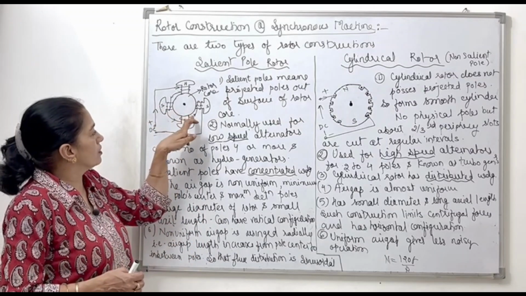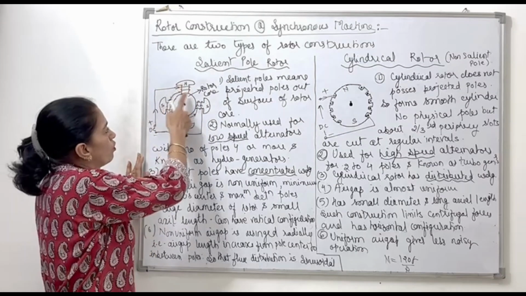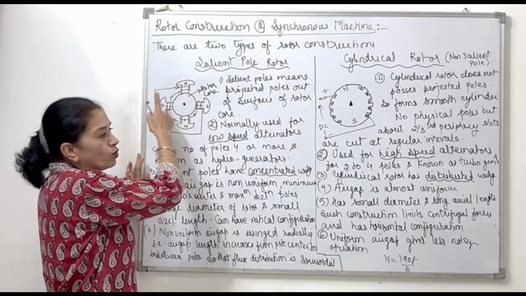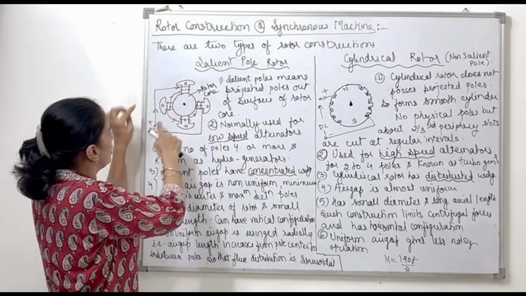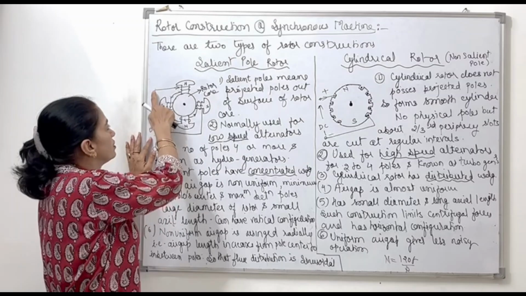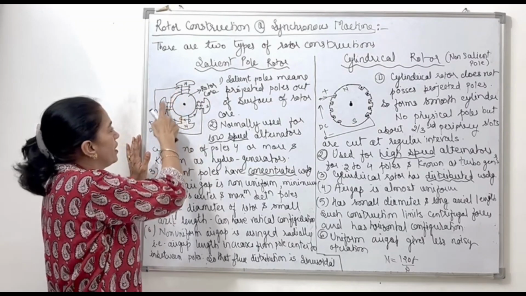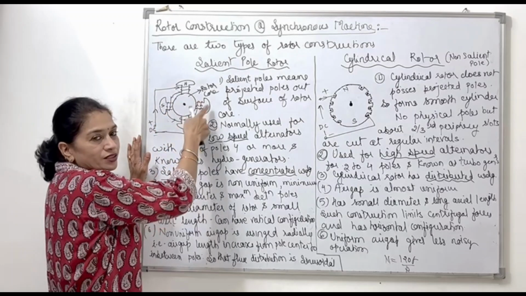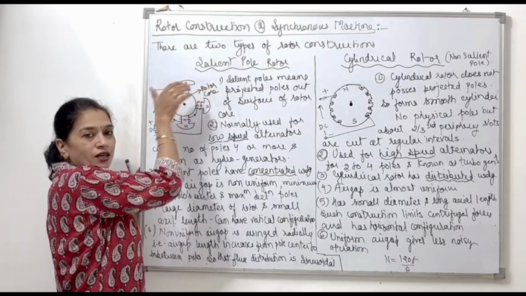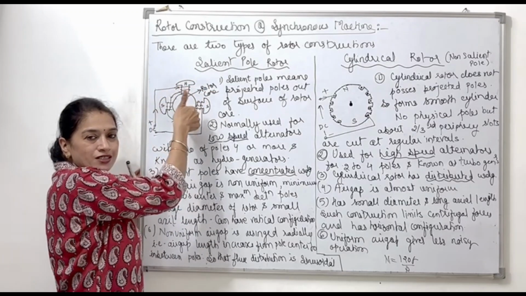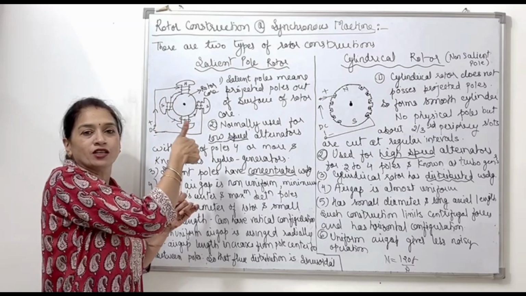Here we have the windings which are wrapped over these salient poles, and the winding is nothing but the DC field winding, whose positive polarity wire is wrapped over this pole, then next over this, then next over this, and next over this, in such a manner that as soon as the current flows in this winding in this sense, so the finger shows the direction of the current and the thumb gives the direction of the flux.